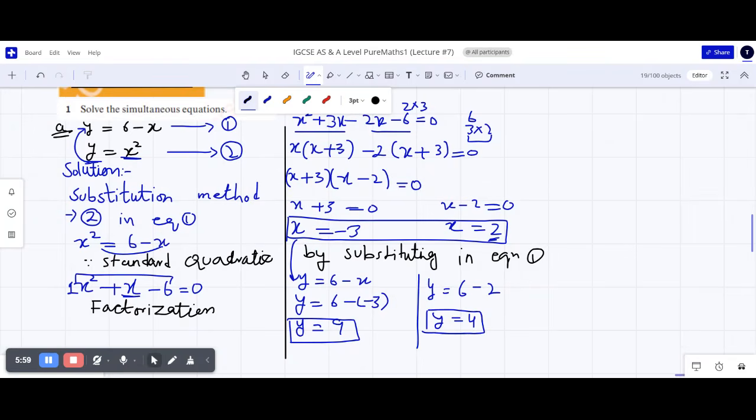In pairs means when x was minus 3, I got the y value 9. And then the second, when x was 2, I got the y value 4. This is the solution of the given simultaneous equations.